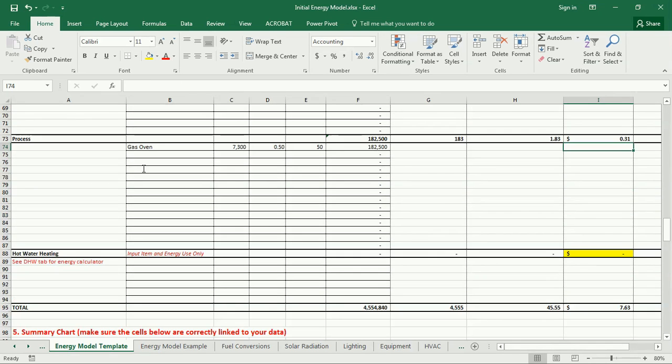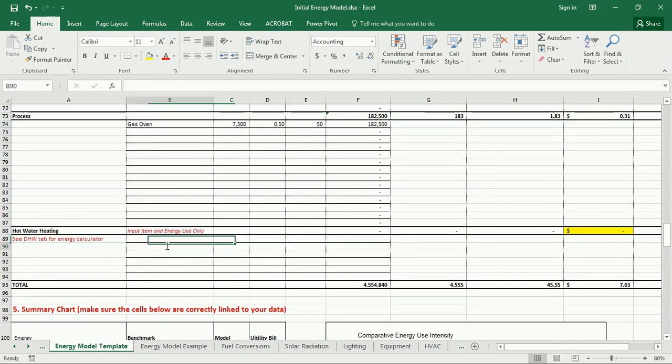Okay, last part, and we're almost done here, is hot water heating. And hot water heating is something that we're not going to spend a lot of time on in this class, because it's actually a relatively constant number, even though it can be a relatively large number. And there's very few things you can do to make that a smaller number other than buy better equipment and or use it less often.